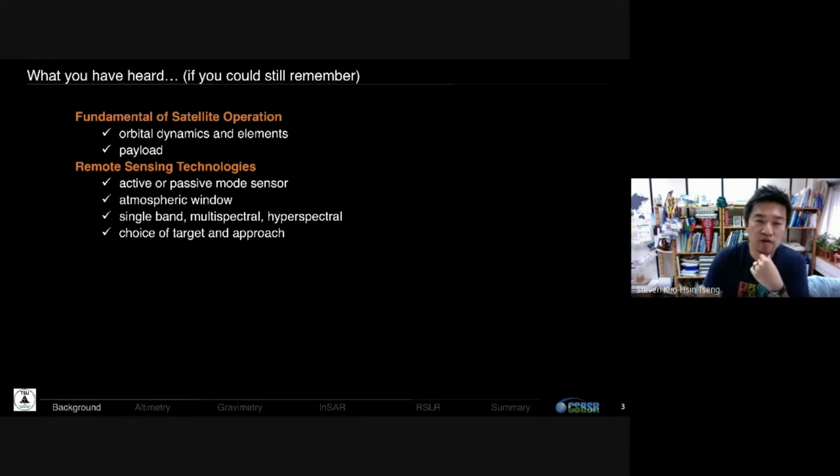So, for example, if you want to understand the very subtle movement of land subsidence, probably you need C-band or X-band data.